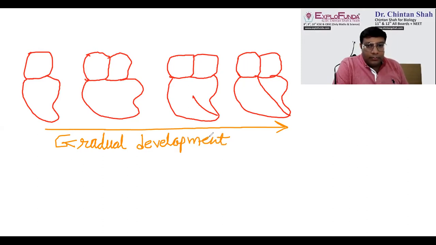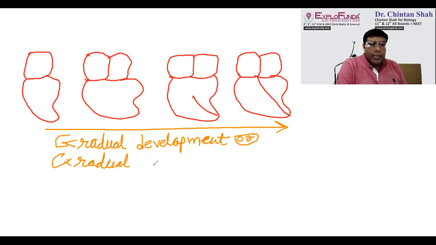Such a kind of gradual development and gradual changes is known as what? Evolution. I hope you are perfectly fine with this. But still we have some questions in our mind.